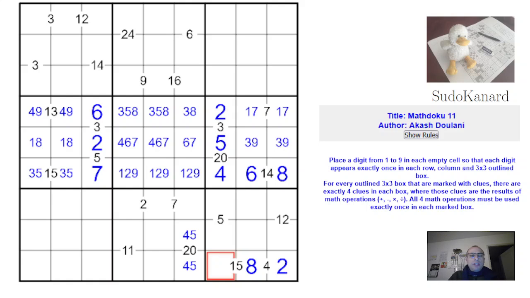And now 15 can only be achieved by adding 7. So now this has to be a subtraction, as I mentioned earlier. So this has to be a multiplication, and it can only be 3 times 4, because the 2 here is not available.